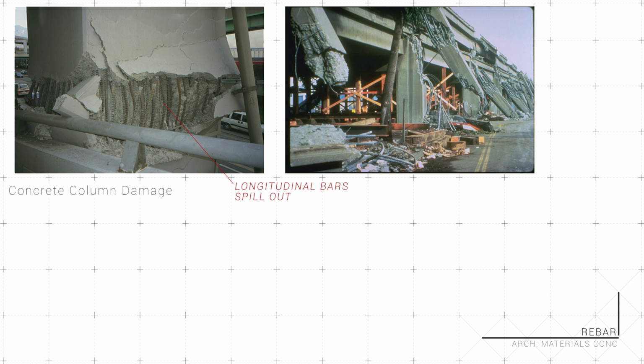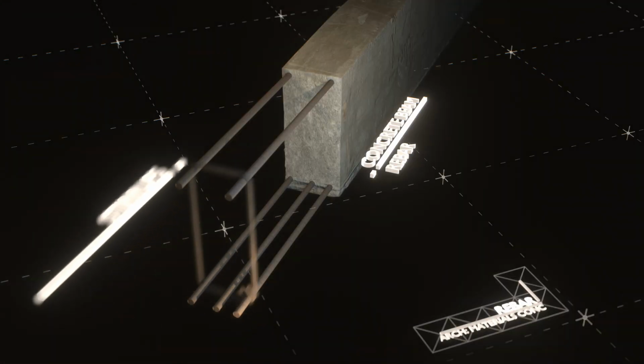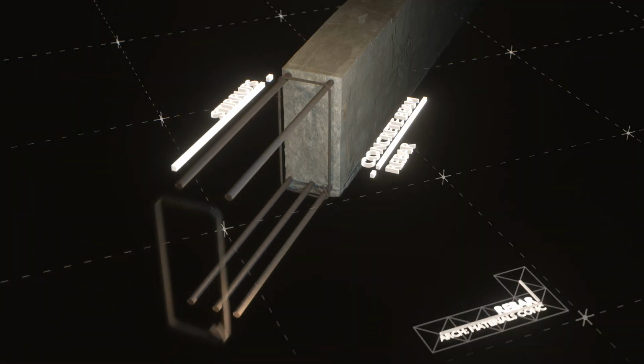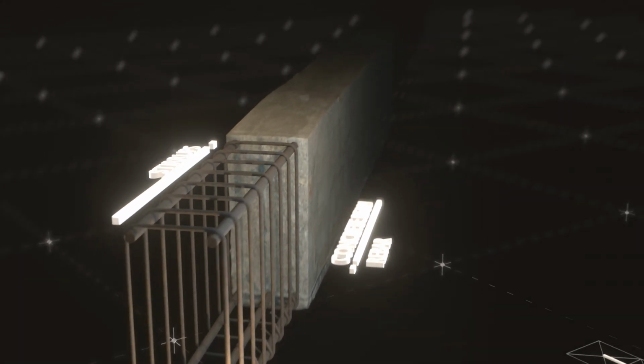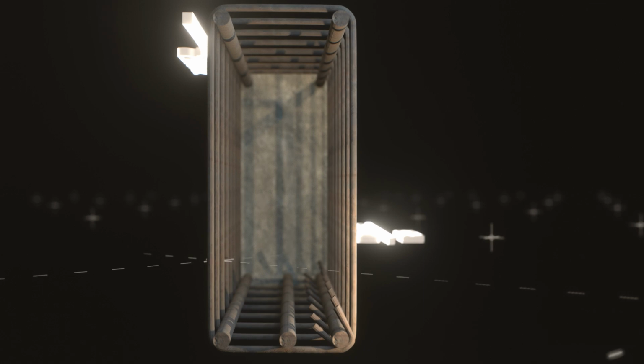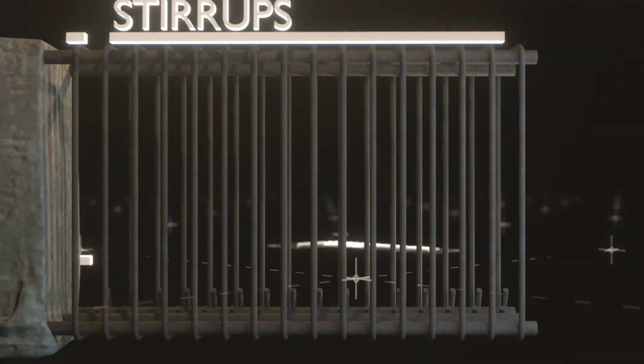An innovation made to fix this problem was to introduce transverse supports, or stirrups, rebar ties that are arrayed transversely across a member to tie the longitudinal bars together. Just like its namesake with horse riding stirrups, these hold the main longitudinal bars together, smaller in diameter than the main bars, as they're a secondary element, and in implementation, they're laid out horizontally to build a steel cage within a concrete beam or column.